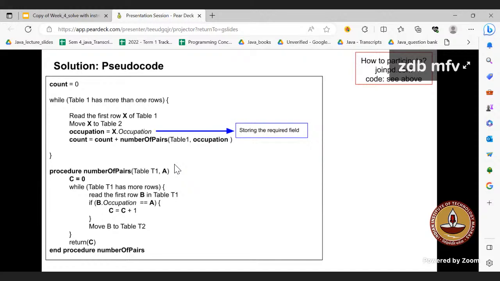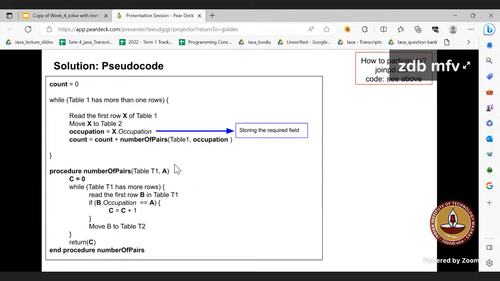So X dot occupation only we are passing to the procedure. X dot occupation is stored in occupation, and then that is given to the procedure number of pairs as occupation. Inside the number of pairs procedure, we are referring to it as A. So for each and every card, X dot occupation will be changing. Okay, ma'am.